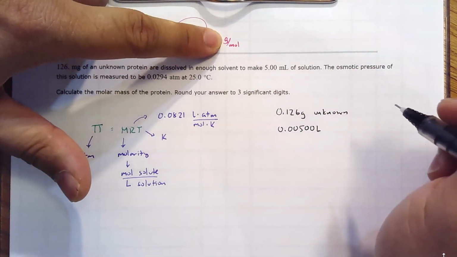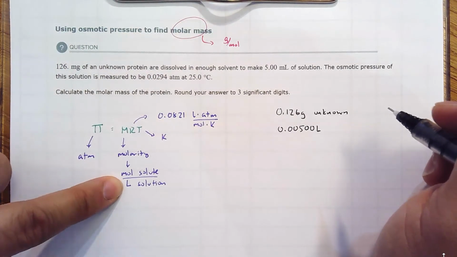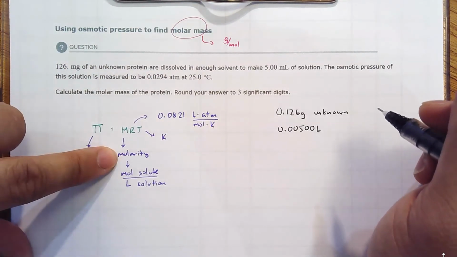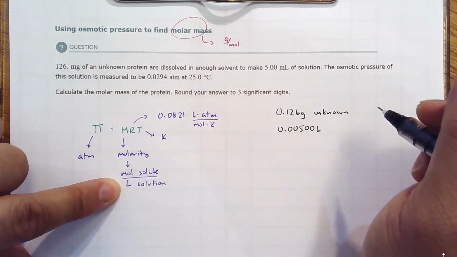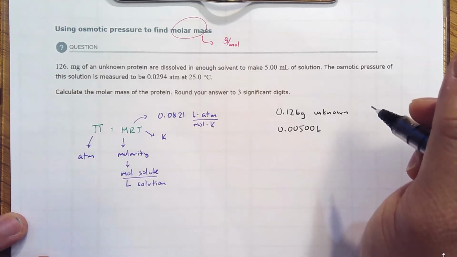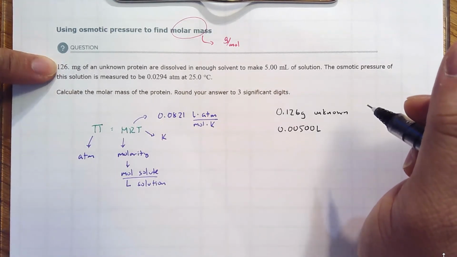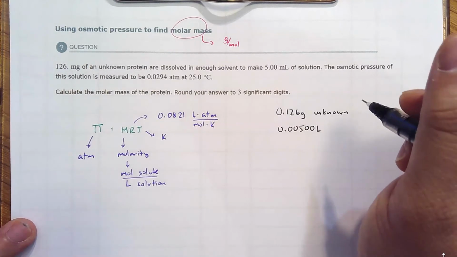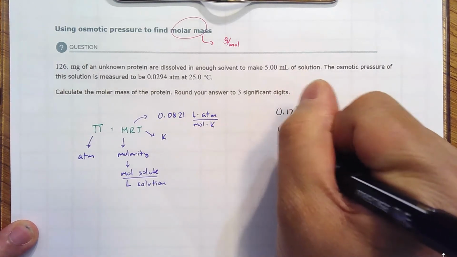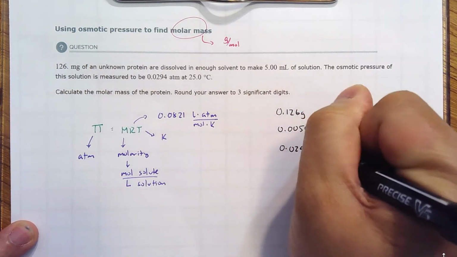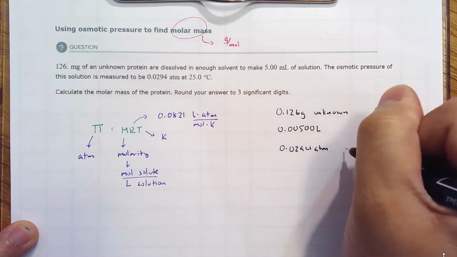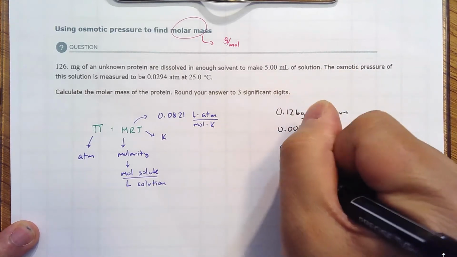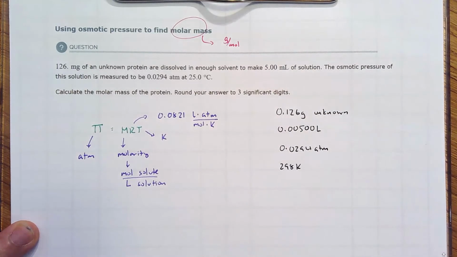Because there I have grams, and there I have liters. So just break up the molarity into its mole over liter component. Ooh, they gave us the osmotic pressure and the temperature. So the osmotic pressure they gave us, in ATM, and the temperature is 298 K.